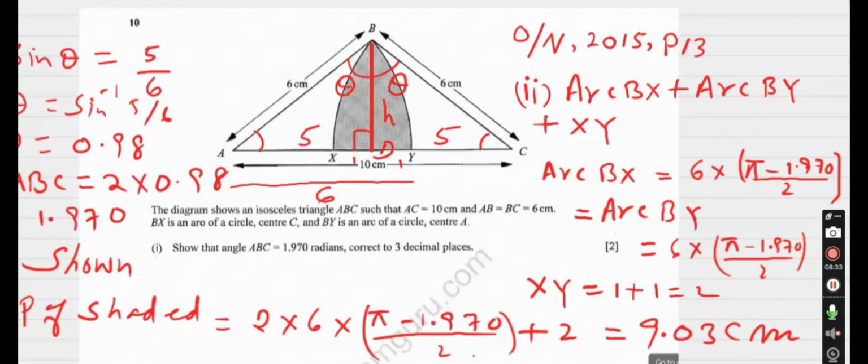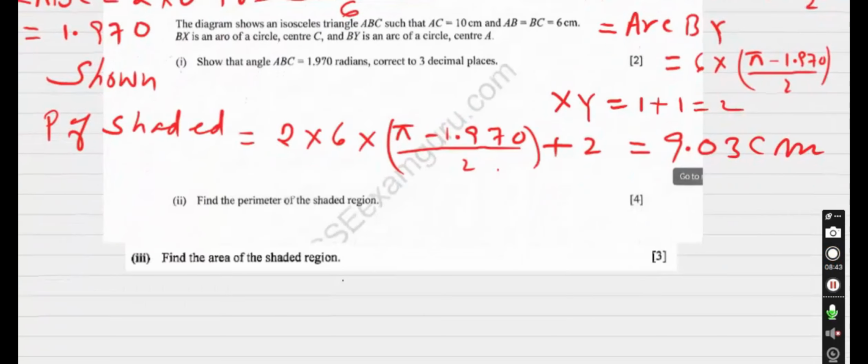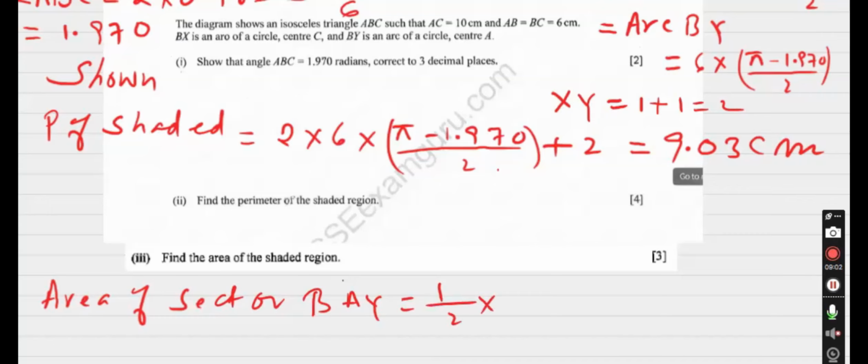Very easy. First we have to find the area of the whole diagram. Now consider the sector BAY. Area of sector BAY is half into radius square, that is 6 square, into theta.